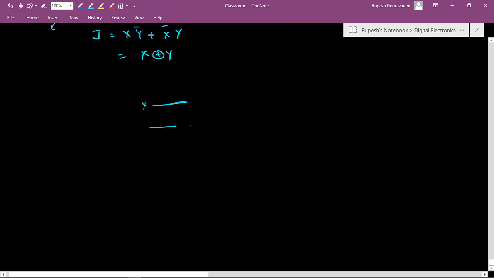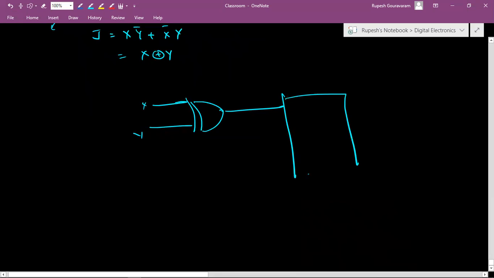So x and y are both passed through the XOR gate, and it is supplied to the JK flip-flop to get the desired output. So this is J, this is K. The same input goes to K also. So this is Q, this is Q dash. So this is the required XY flip-flop that is asked in the question.